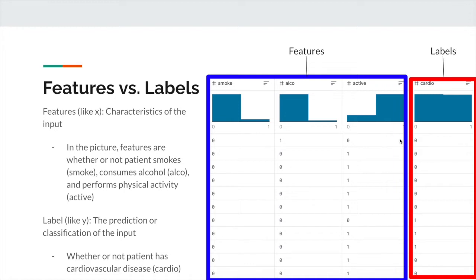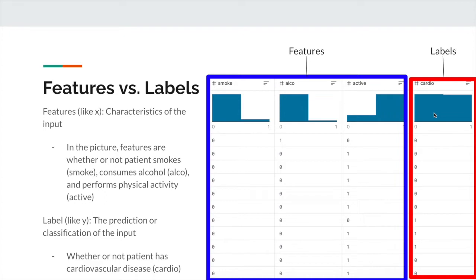In this specific machine learning task, the goal was to train a machine learning model that inputs all of this data, so we see whether or not the patient smokes, consumes alcohol, and is active, and make it able to predict whether or not they have a cardiovascular disease.